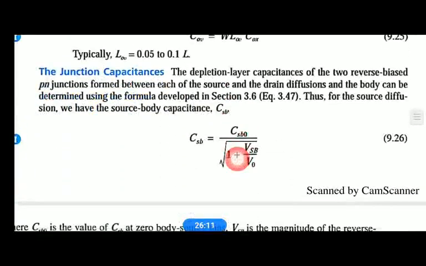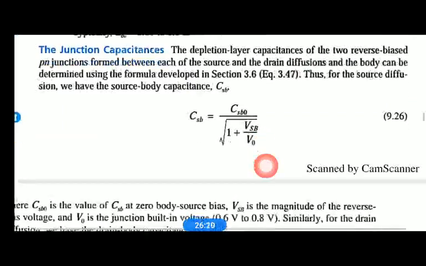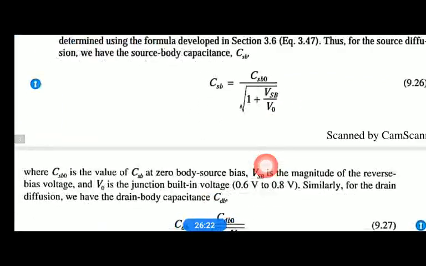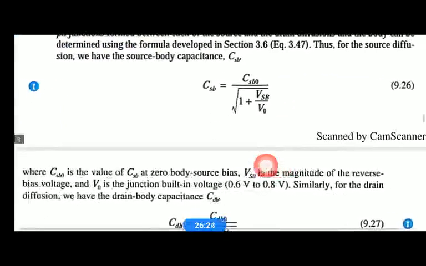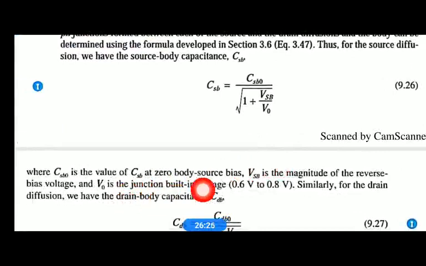This is given as the junction capacitance, CSB, the capacitance between source and body, which is CSBO divided by the root of 1 plus VSB by V naught, where V naught is the junction built-in voltage, the voltage across the depletion layer, usually between 0.6 volt and 0.8 volt.